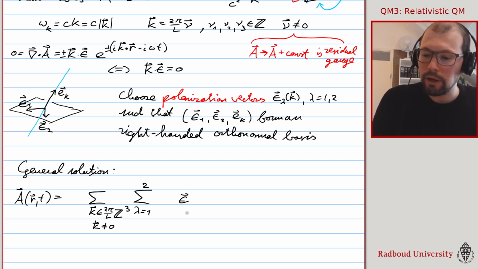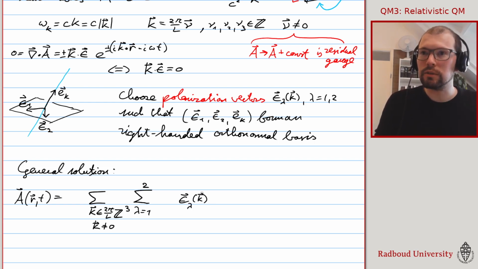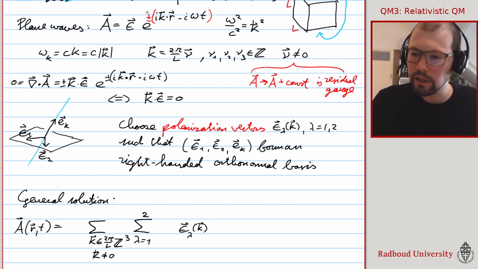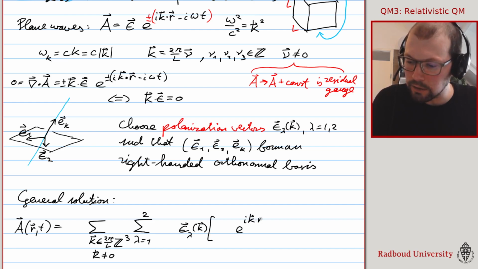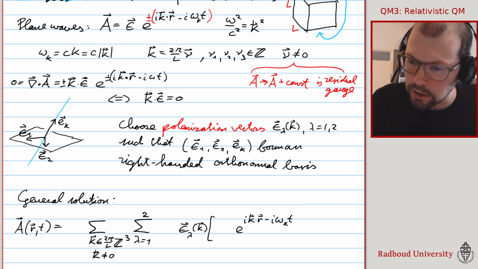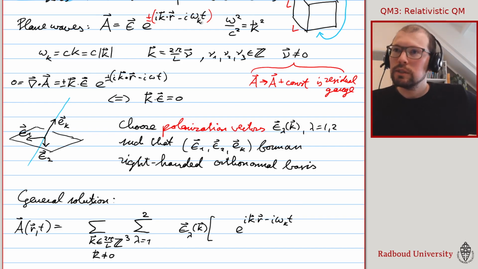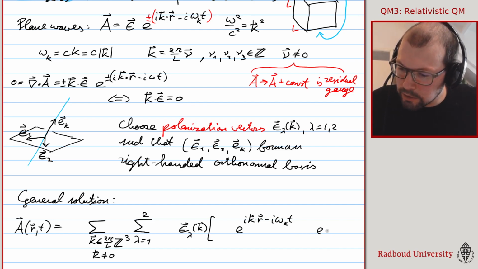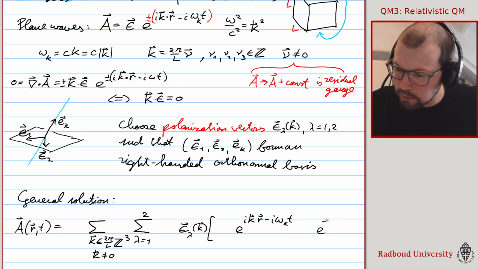I have a sum for lambda taking values 1 and 2. Then I have my polarization vector. And I have to take the plus and the minus component. So I have an e to the i k dot r minus i omega k t, and also the other sign, so minus i.